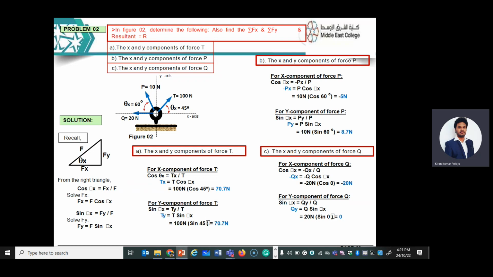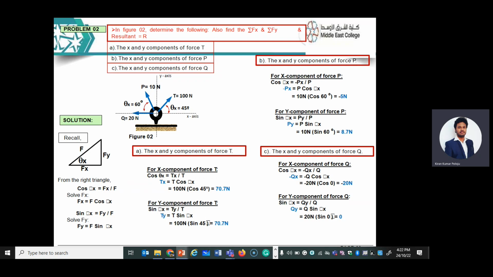So the formula is P cos theta. What is P? P means the force. How much is it given? What is theta? 45. So if you substitute, how much will you get? 70 point. Is it clear?